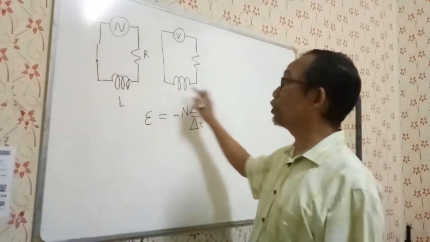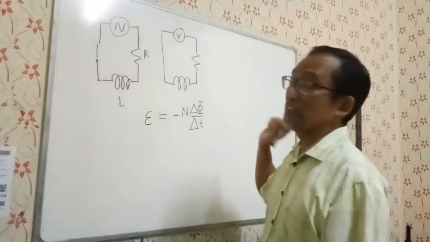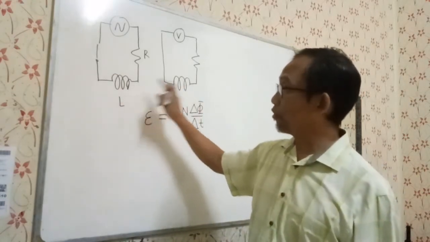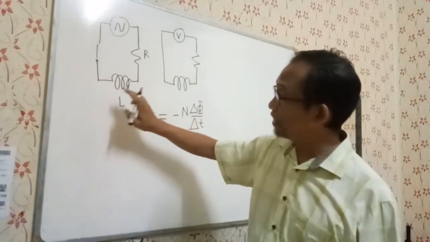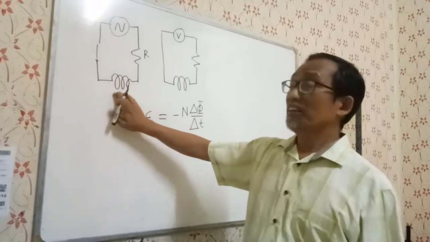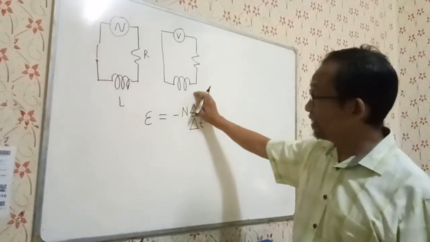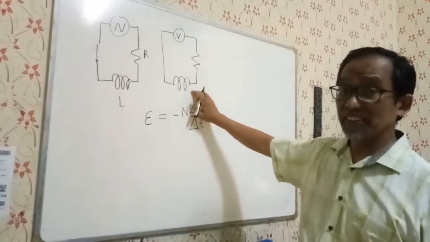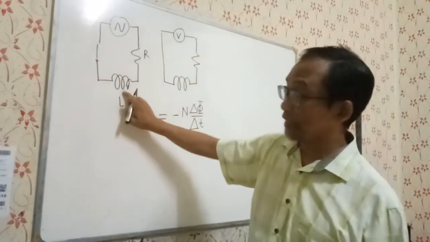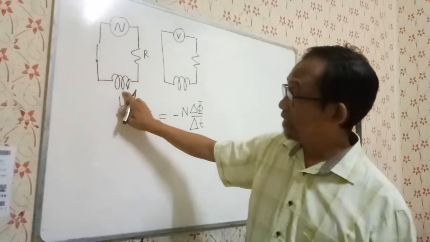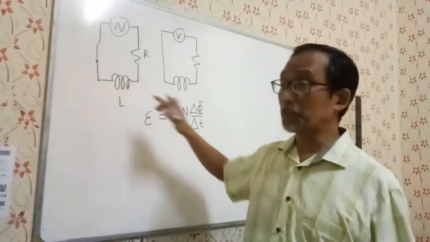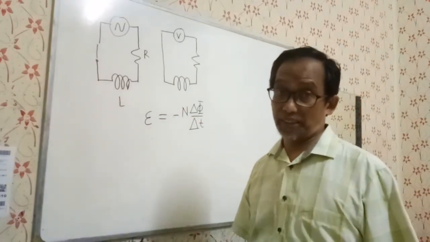So there is mutual induction of EMF in both coils. The changing current in this coil induces current in here. The changing current in the second coil, in the secondary circuit, will also induce current in the first coil. So there is mutual inductance.